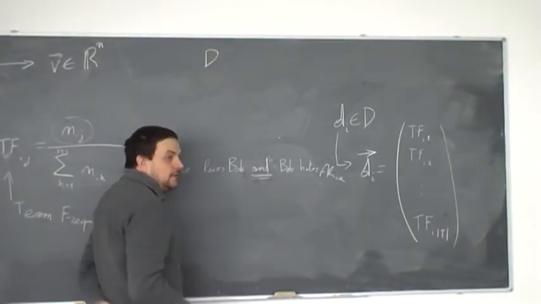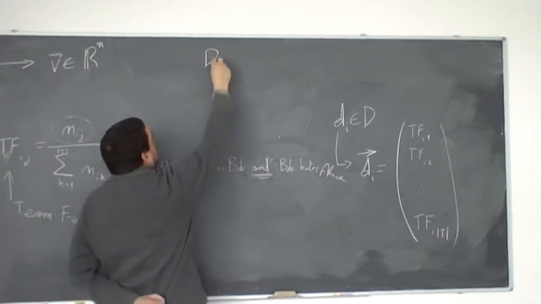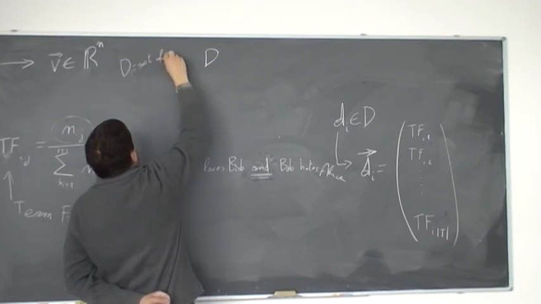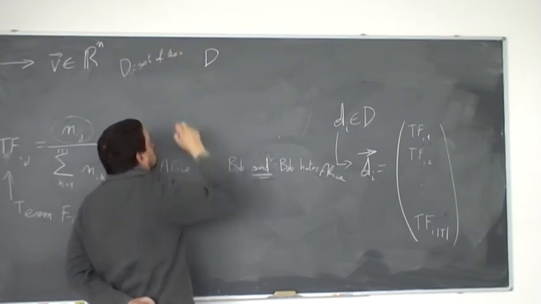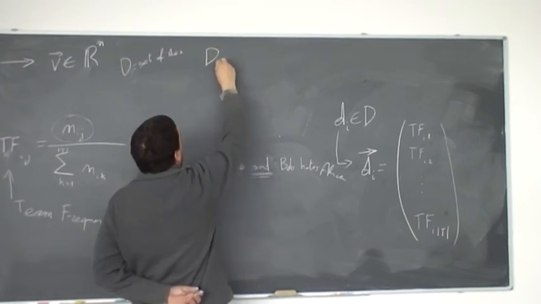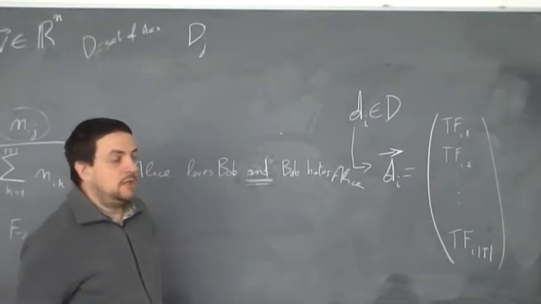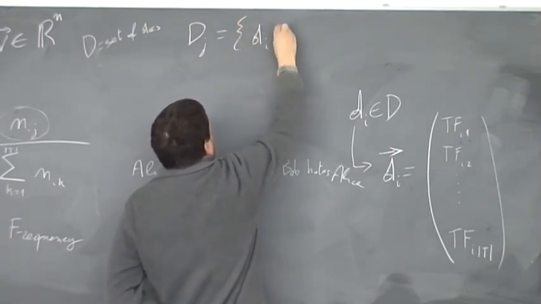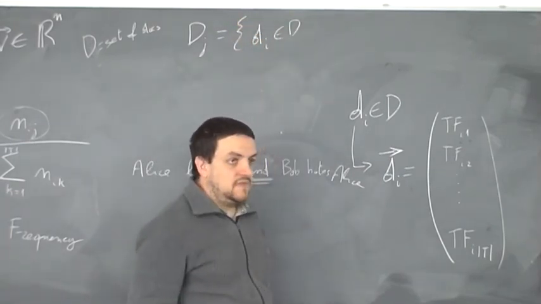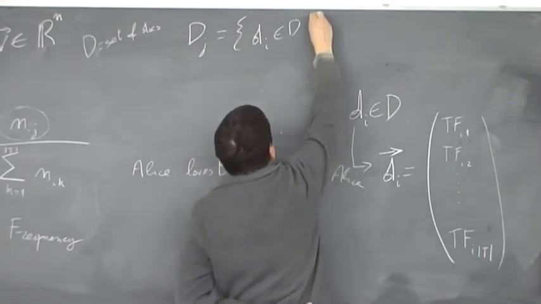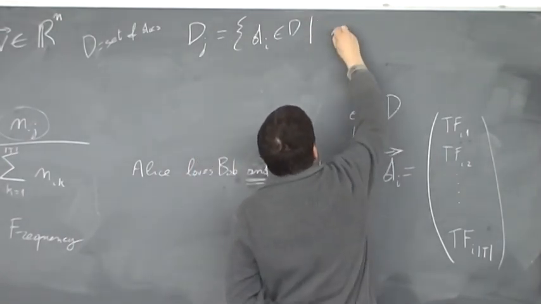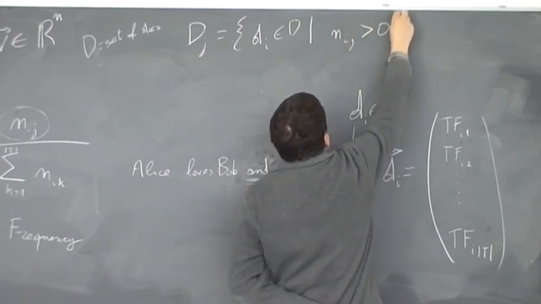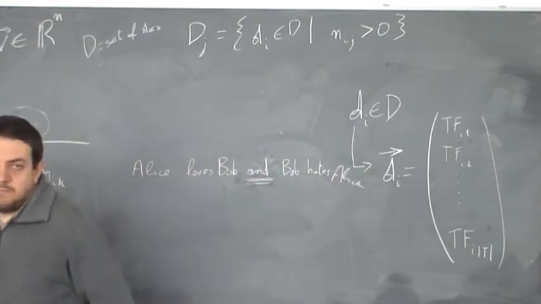So if D is the set of documents, then we can define D_j as the subset of documents that contain the term j.